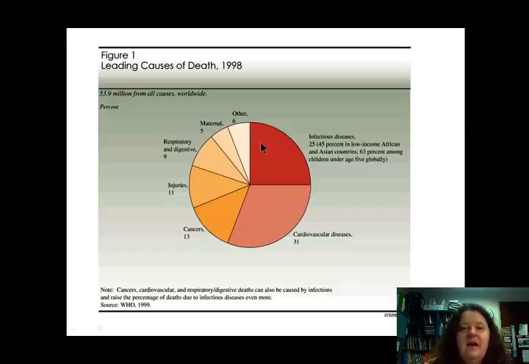That's pretty bad. And then if we look at the other killers, cardiovascular disease, yes, that is a big piece of the pie. So is cancer, respiratory and digestive, sort of chronic ailments, right? Injuries. But clearly, globally, infectious disease is still a big part of the puzzle.